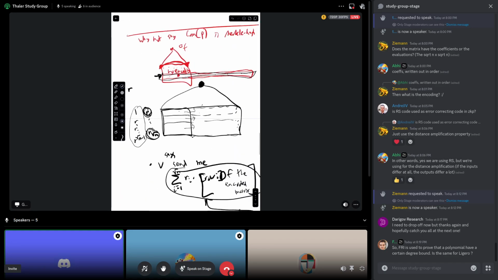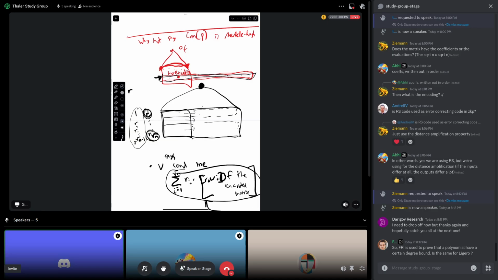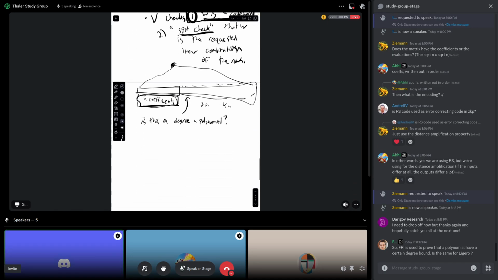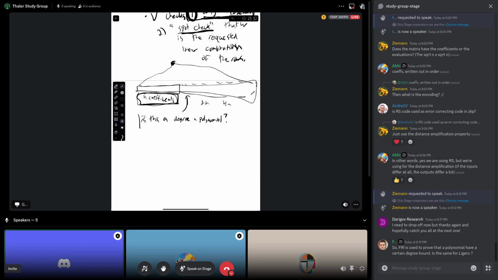It's testing whether each row of the committed thing is a degree root n polynomial, which is a different question. It turns out that you can take this thing, is this a degree n polynomial, which is called a low degree test, and indirectly use it to give a polynomial commitment scheme.